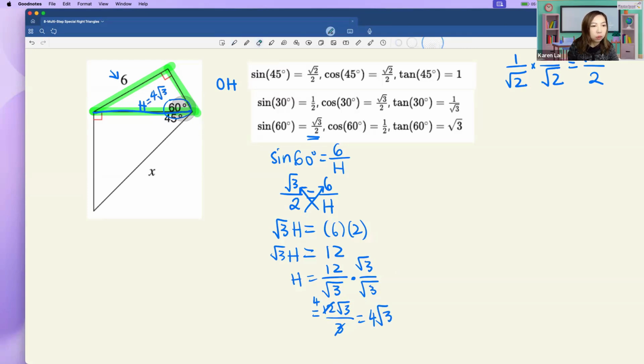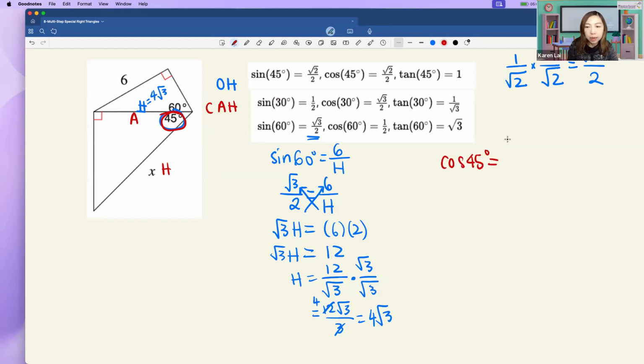Then we can look at the triangle down here with the 45 degrees. Okay, this one right here. I'm going to use red. Now, this length used to be the hypotenuse, but right now it's the side that is beside 45 degrees. So this becomes an adjacent side, and this is the hypotenuse. So we would want CAH, which is cosine. Cosine 45 degrees would be adjacent over hypotenuse.